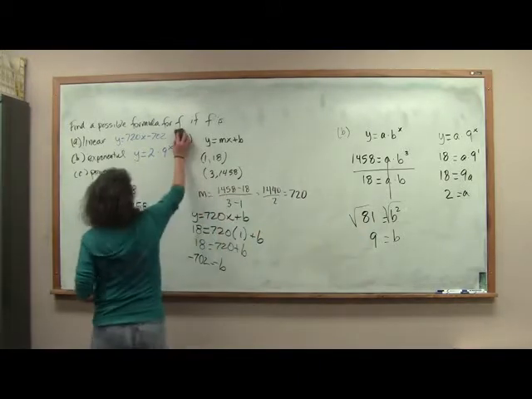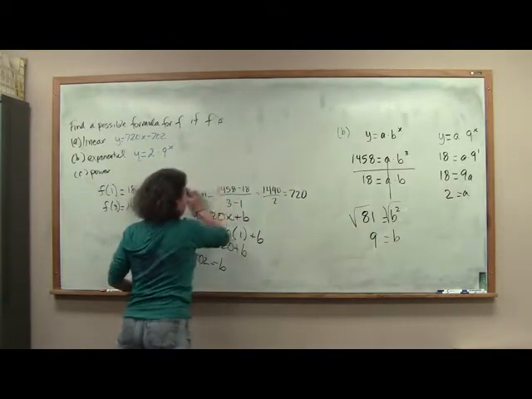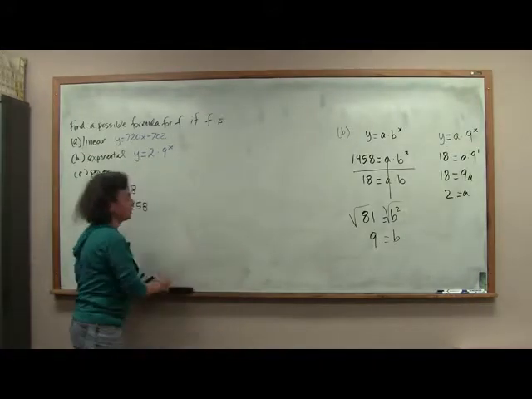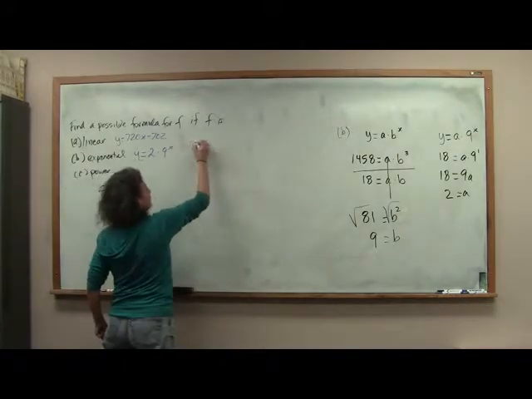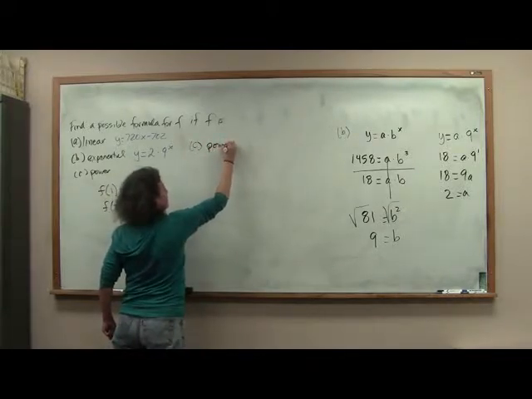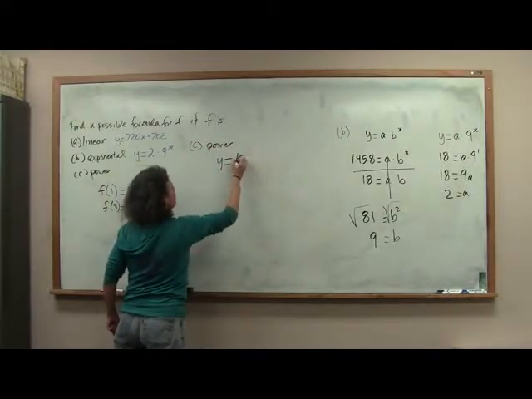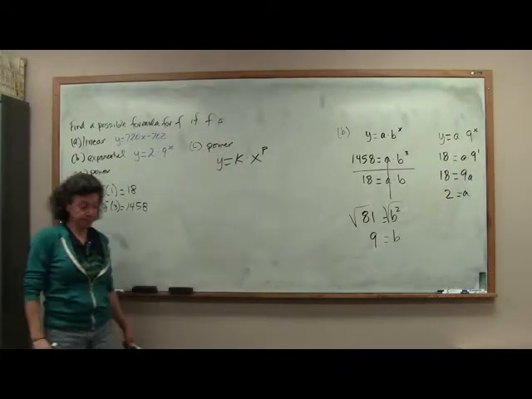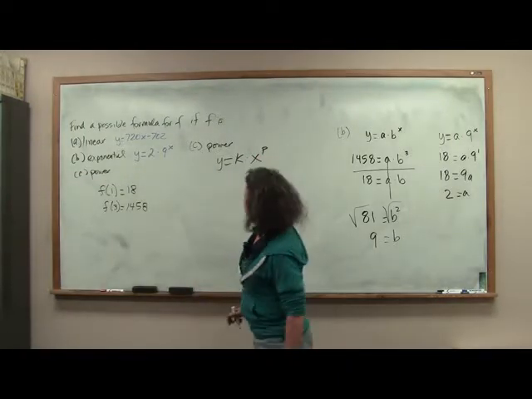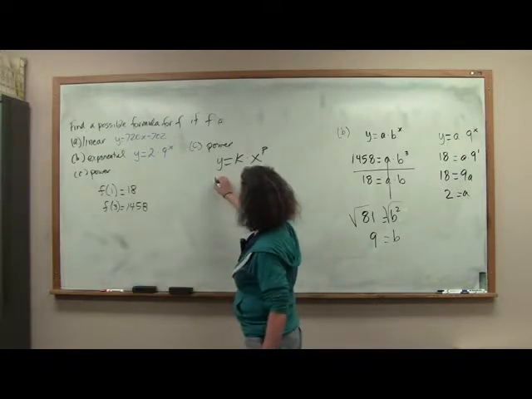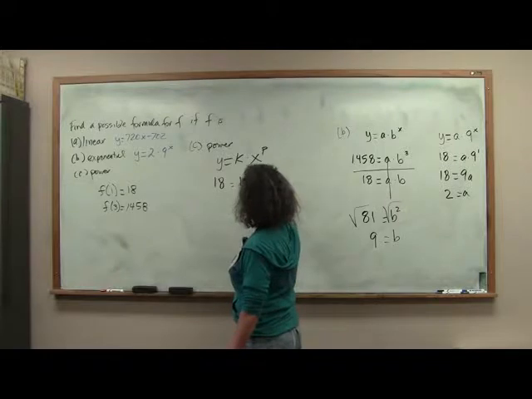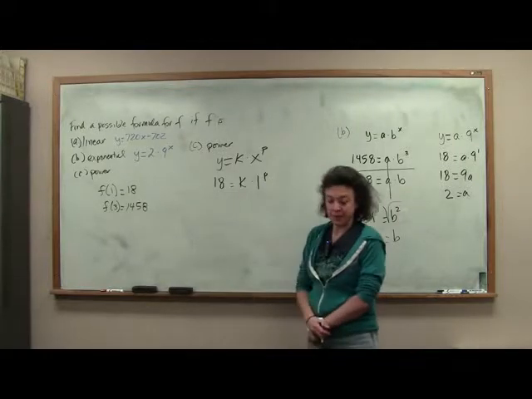All right, one last guy to deal with, and that is if we have a power function. Recall a power function is k times x to the power of p. Okay, I think you'll grant me that I could say 18 is k times 1 to the power of p.